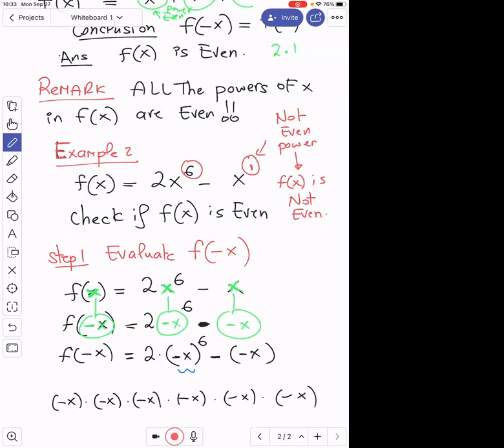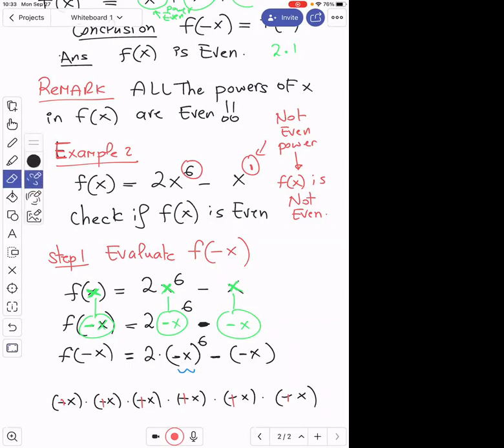The minus sign disappears: minus minus is a plus, minus minus is a plus, and another minus minus is a plus. So you end up with just x to the power 6.